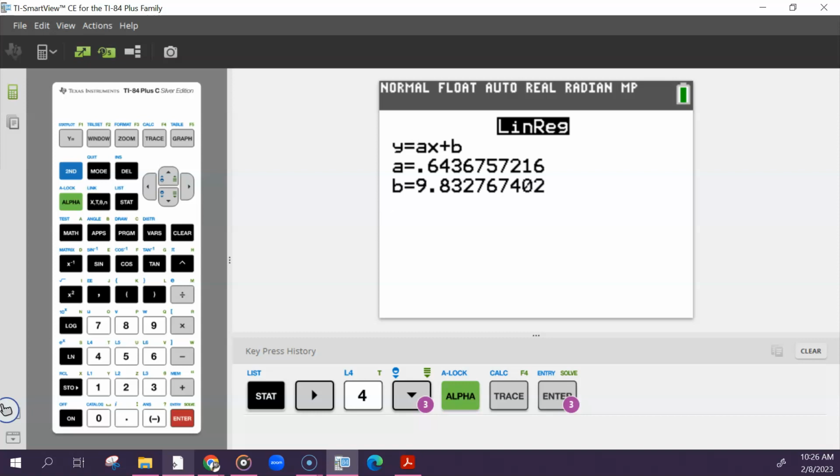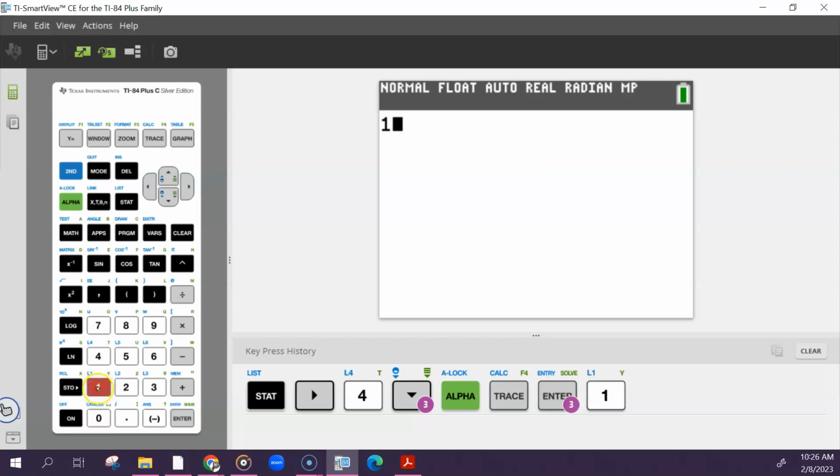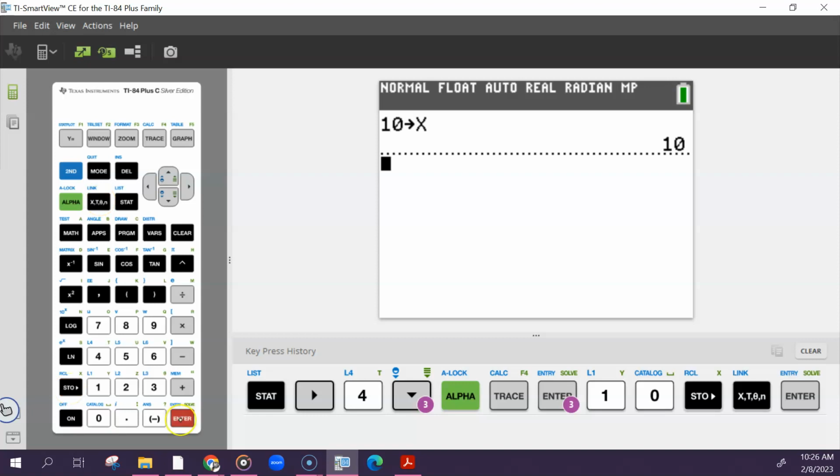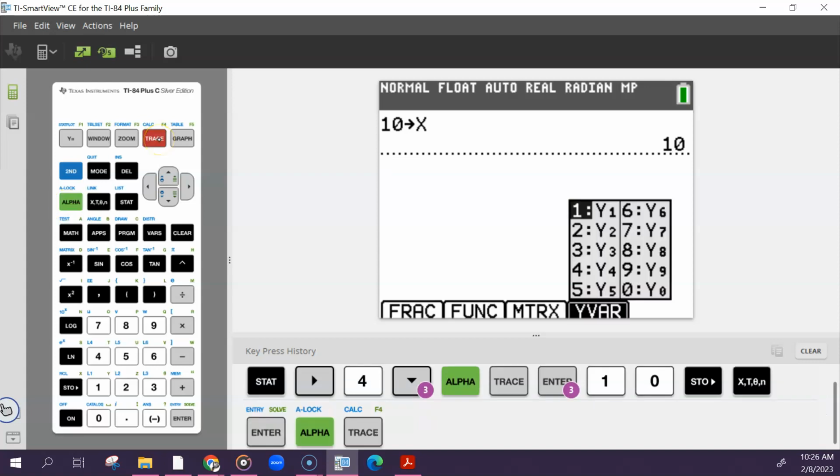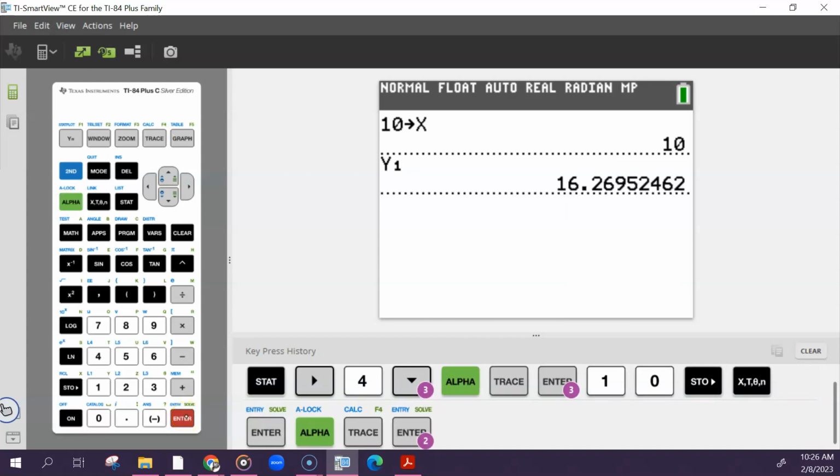So the first one was 10. So if I type in 10 and then STO and then x and enter. So that's that first part. Then the arrow going back to alpha trace. Hit alpha trace and then enter twice. And that would give you your answer. Notice it's the same, 16.26 or 27 or 0.3 if you round all the way up.